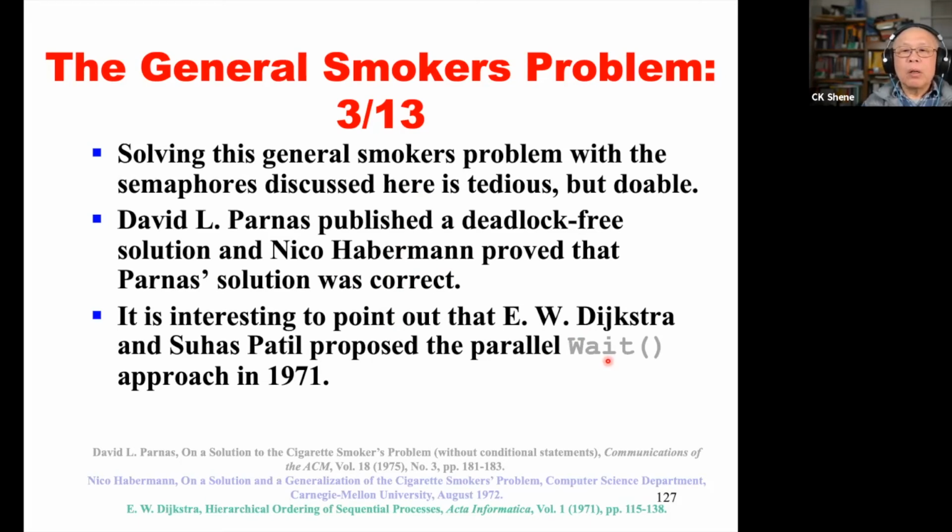And Patil proposed parallel wait to solve the general smokers problem. I put the citation here. Hopefully, if you're interested, you are able to request a copy from Interlibrary Loan. And when you have free time, read it.